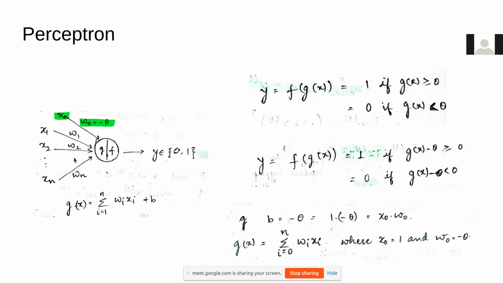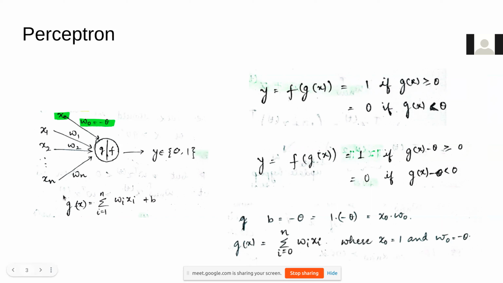So w1, w2, and wn are the weights which are supposed to be learned depending on the input data x and y. For any input data x, the g of x will be computed as w1 x1 plus w2 x2 plus up to wn xn plus some bias term b, which is constant, but this is again to be learned during the training process.